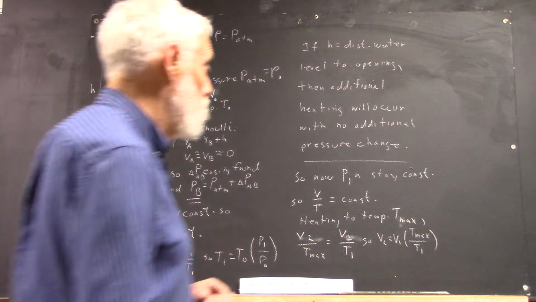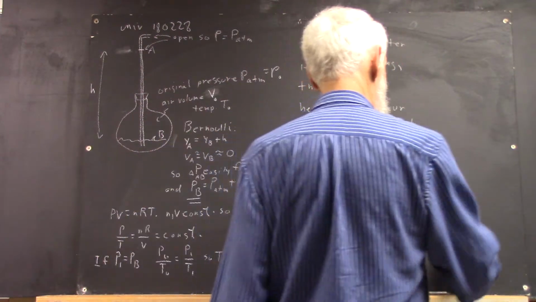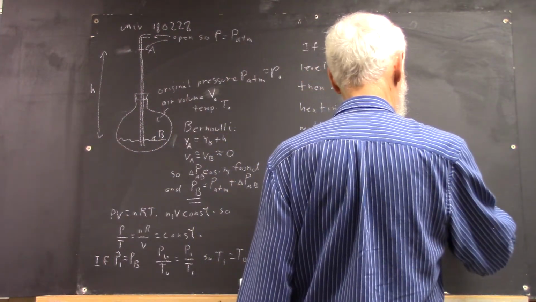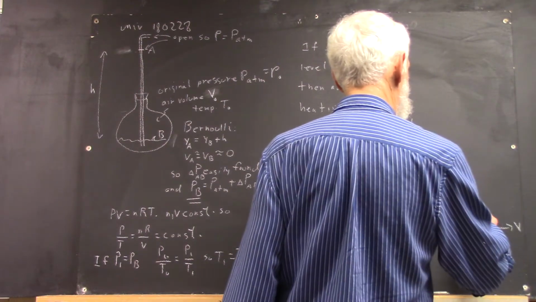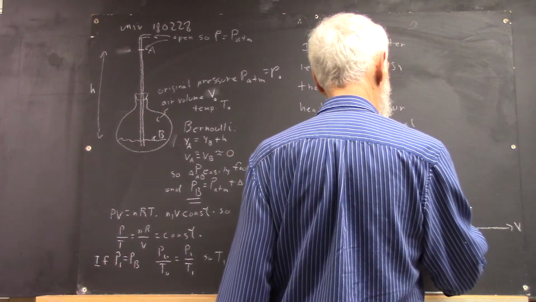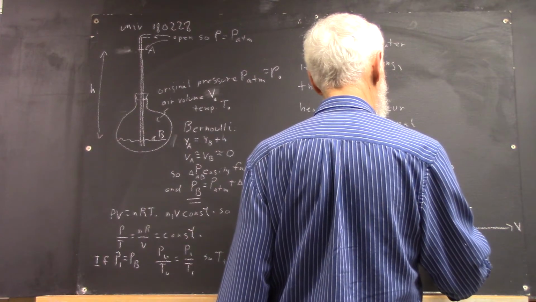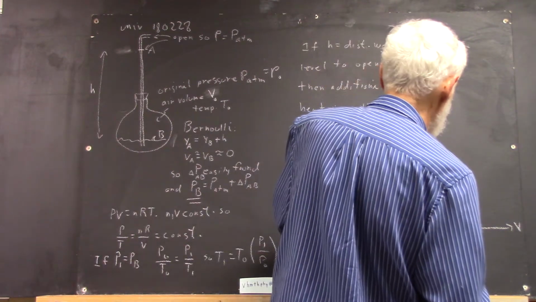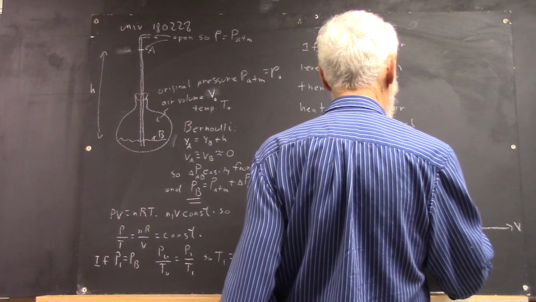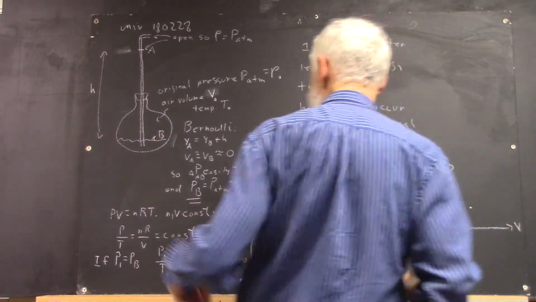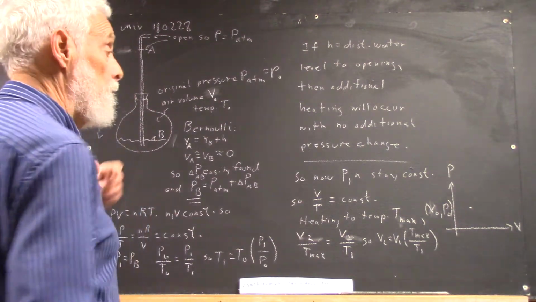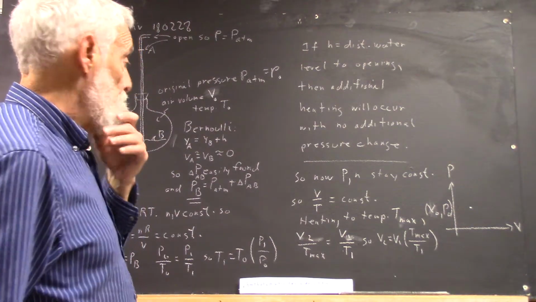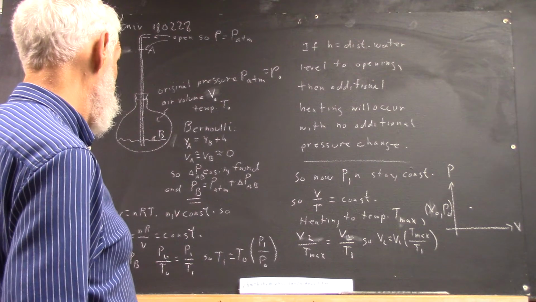Well, now we can graph what's going on here on a graph of pressure versus volume. We start at V naught, P naught. In other words, we have some pressure and temperature at this state. Okay? And then we go to what?